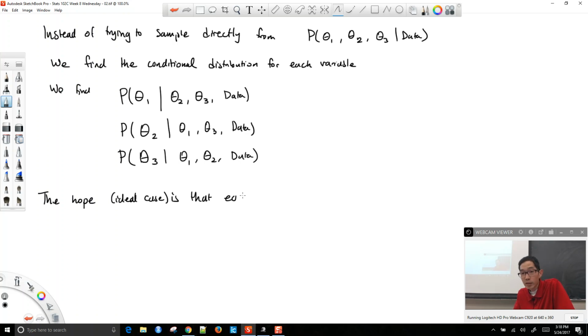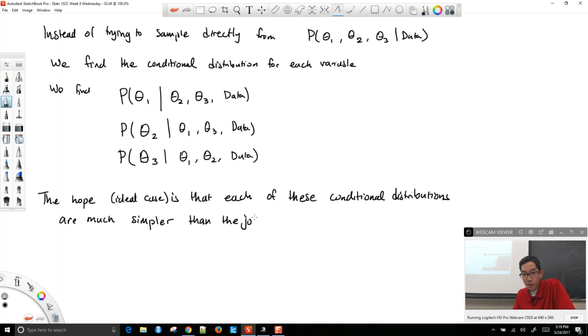Okay, so the hope and ideal case is that each of these conditional distributions are much simpler than the joint distribution.